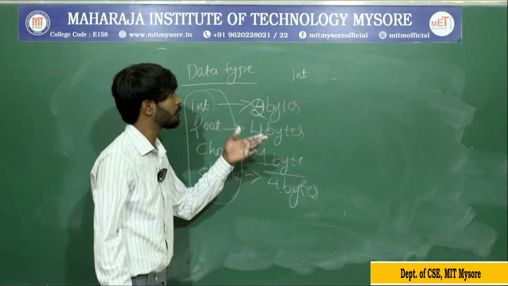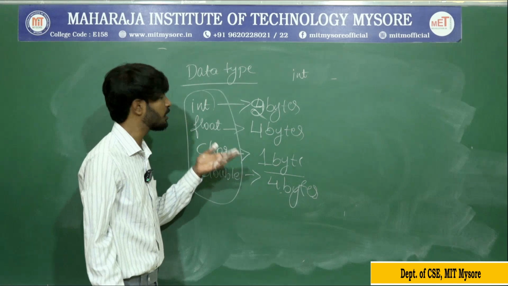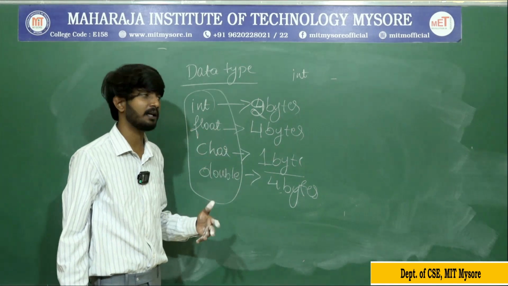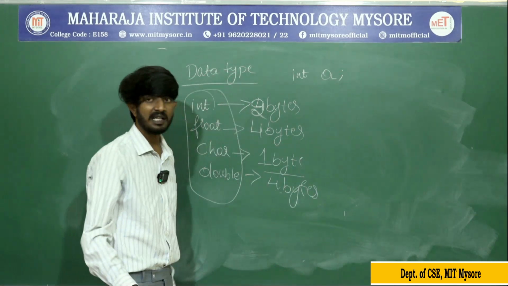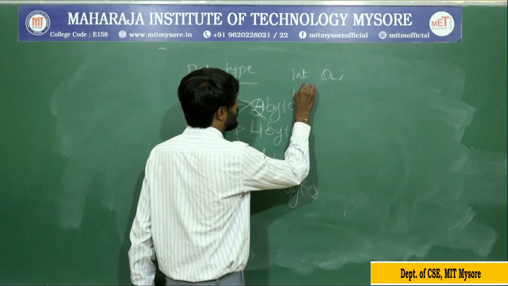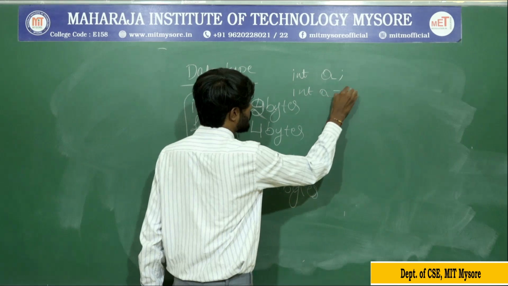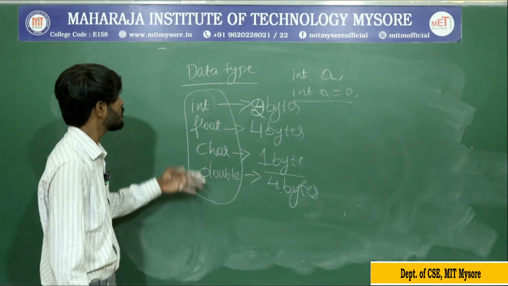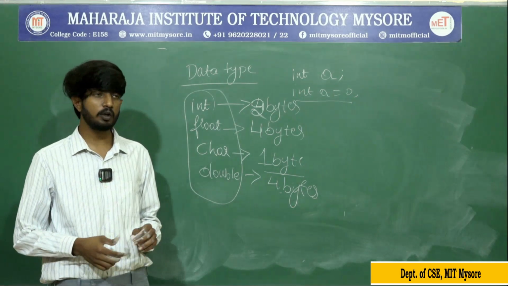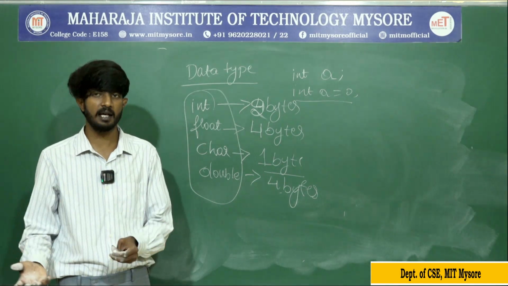Data type accepts only integer value, only float value, or only character value. So int a is a declaration. If I do int a equals 0, this is initialization. This is how data types are used to declare a variable.